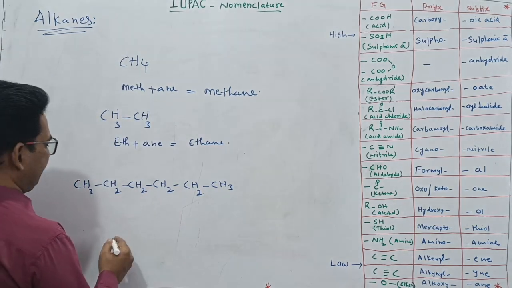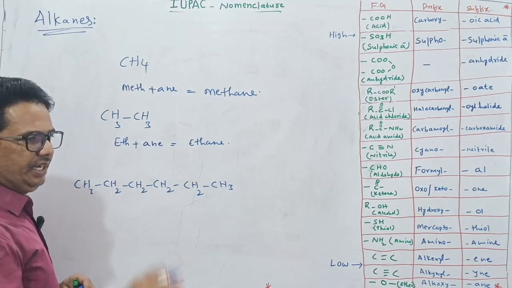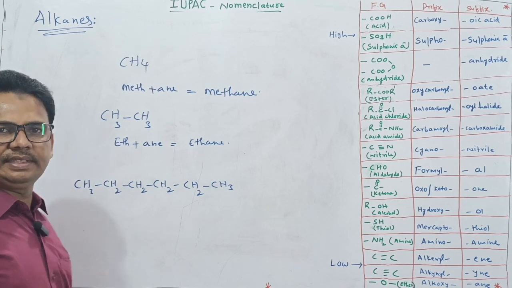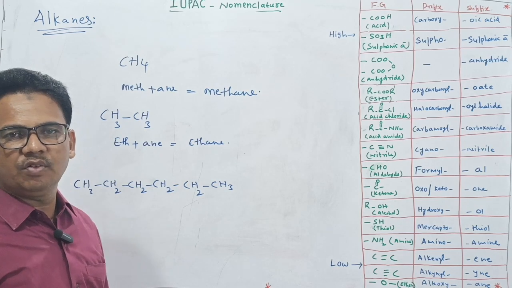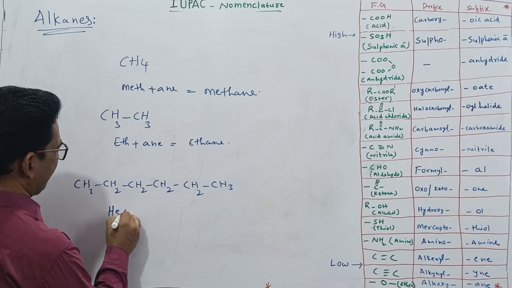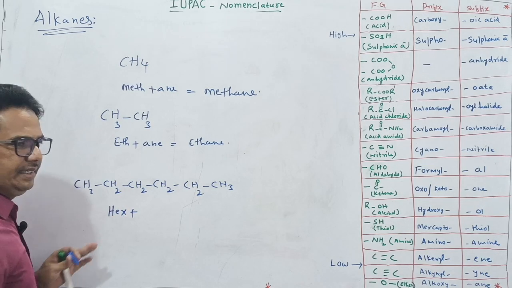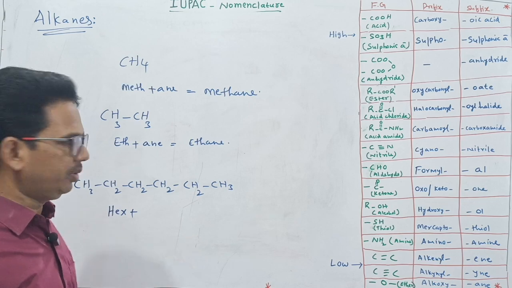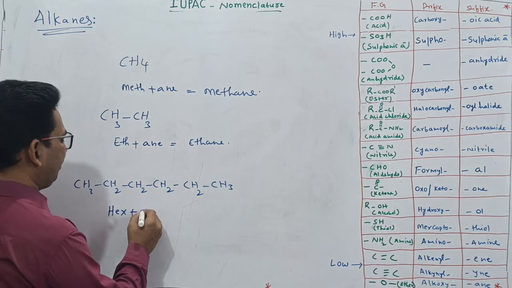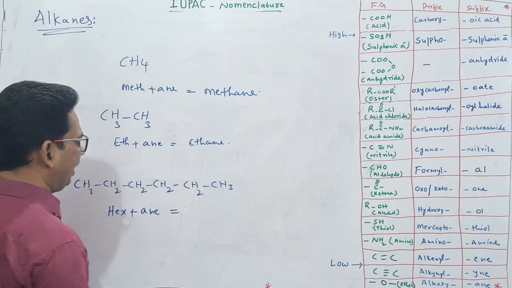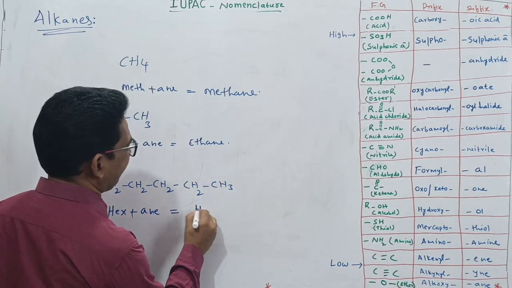Six carbons and saturated, so it is a single bonded compound. Six carbons means the word root will be hex. Then since it is saturated, it is called ane. Then what will be the IUPAC name? Hexane.